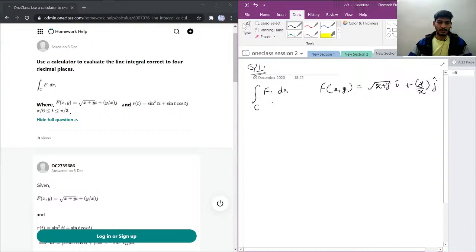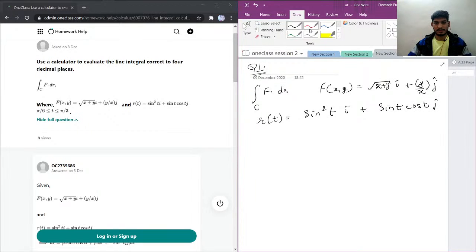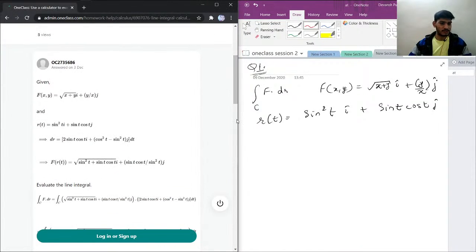I and j are the unit vectors, and we have r as sine squared t I cap plus sine t cosine t j cap. So let's see what the junior tutor has given as the solution.